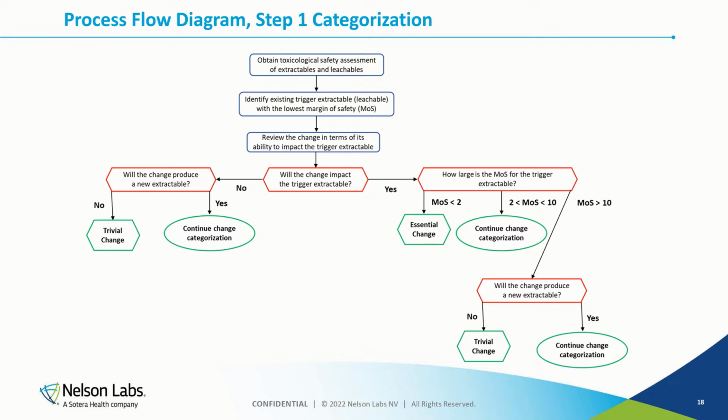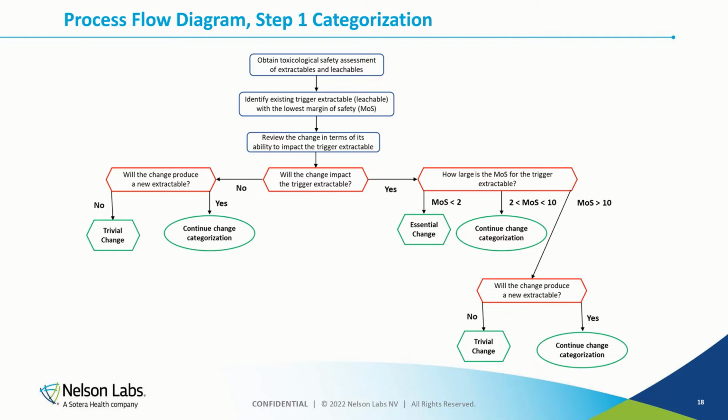This assessment, this step one or stage one assessment, essentially says, okay, how big is the smallest margin of safety that you reported for all the leachables associated with the packaging system? So you pick what I call a trigger extractable or a trigger leachable. This is the leachable that has the lowest margin of safety.